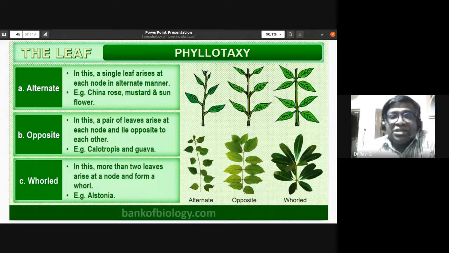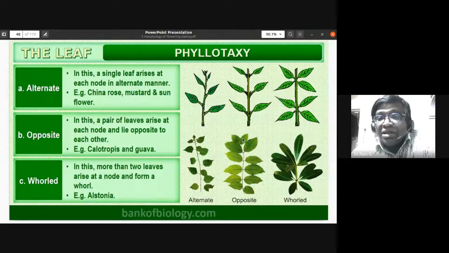Opposite, in this, a pair of leaves arise at each node and they lie opposite to each other. Example, Calotropis, guava, or Goa tree, whatever you call it. Calotropis has milky latex. You might have seen this Calotropis, they grow wildly. And in guar tree, you can notice the leaves are opposite.